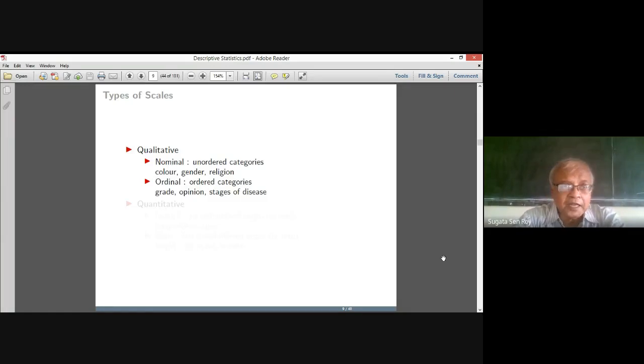Then I'm indifferent to it. Then I support this, and I very strongly support this. So if you look at this, you know that there is an ordering. The person who is very supportive of this is very different from the person who is very strongly opposed to this, and the other 3 are somewhere in between. So you get ordinal data.